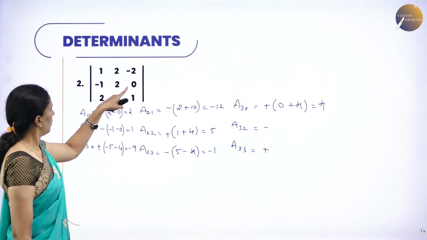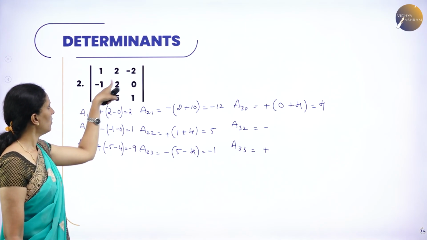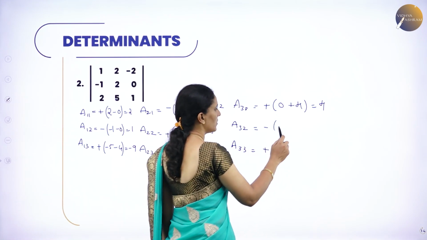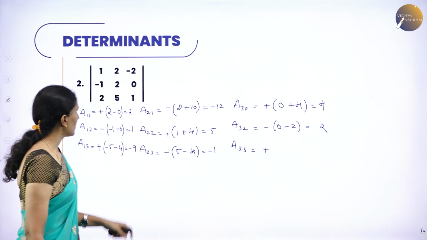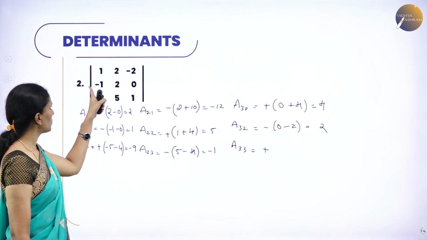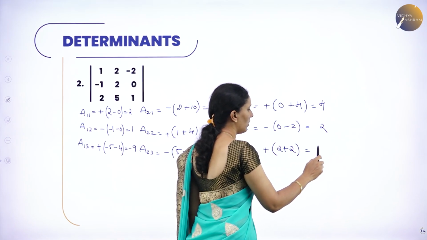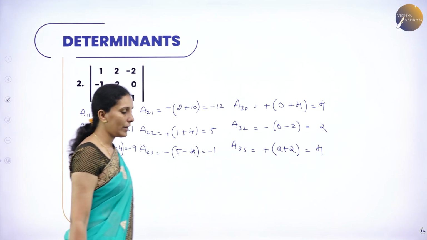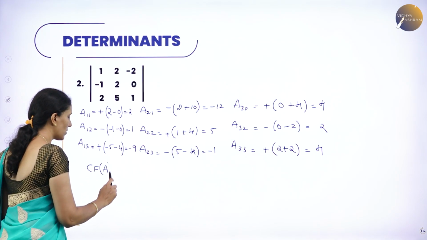Next we have for 5, delete the column, delete the row. 1 0 is a 0. Minus 2. So 0 minus 2, which becomes plus 2. Next we have for the last one, 1 2 is a 2 plus 2. So here 2 plus 2 is equal to 4. Now write the cofactor matrix of A. What is the cofactor matrix of A?